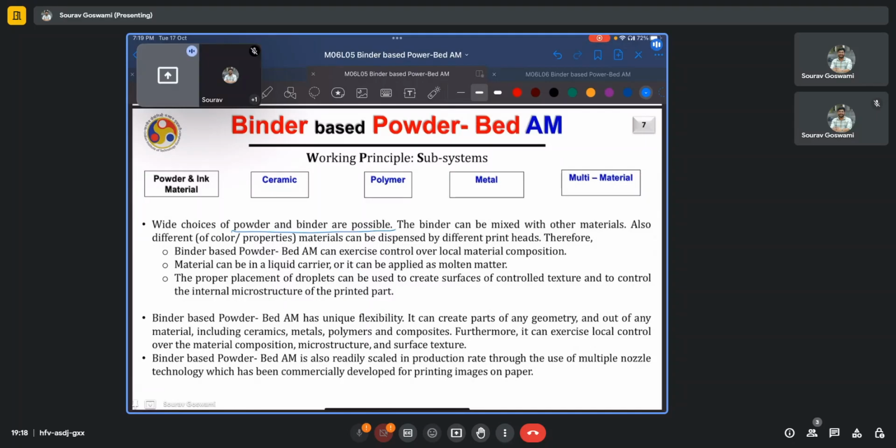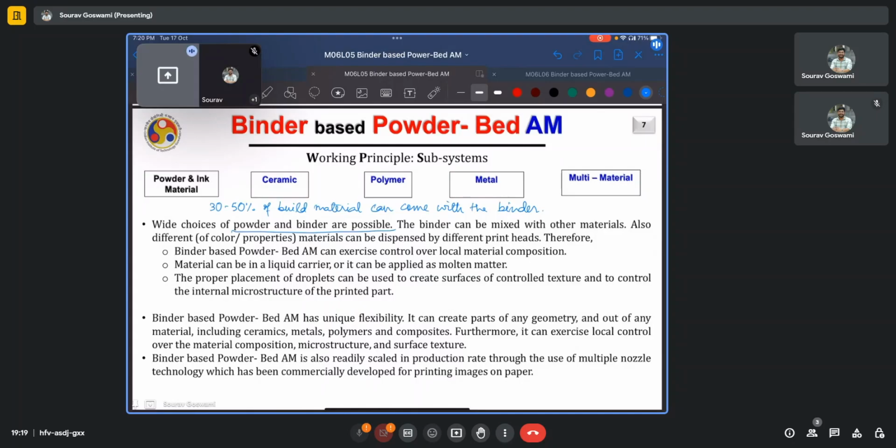So in binder based powder bed AM processes, it is possible that 30 to 50% of build material can come with the binder. It's not necessary that whatever structural material or build material we are willing to print has to be in the powder bed from the very beginning because that might be problematic.